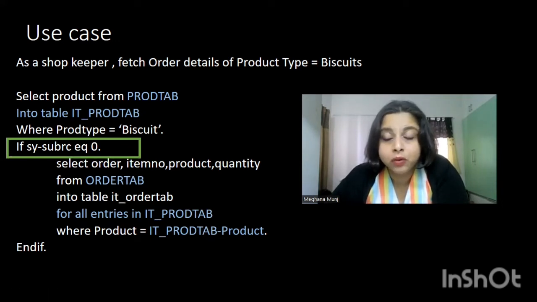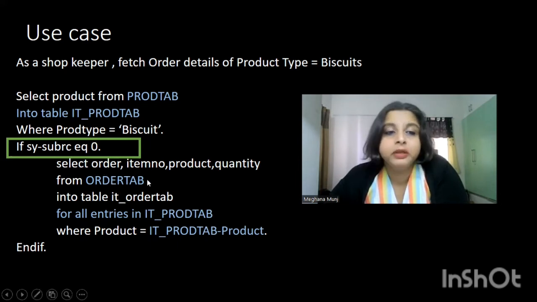If there is no immediate previous select statement, then you do DESCRIBE LINES of the internal table, and if there are some entries in that internal table, only then do you proceed with FOR ALL ENTRIES, otherwise your program will dump. And then it is followed by a select query on the order table.